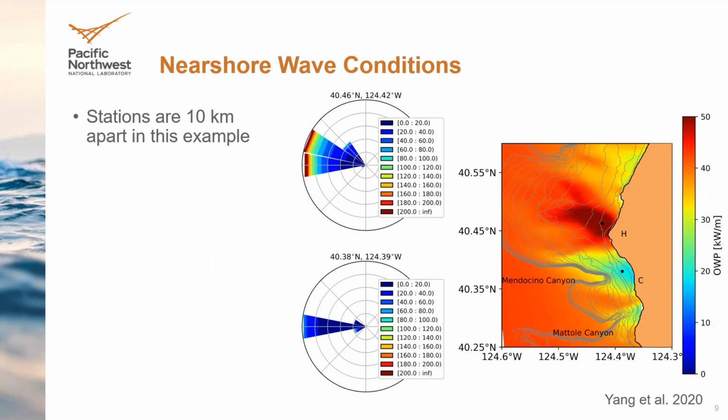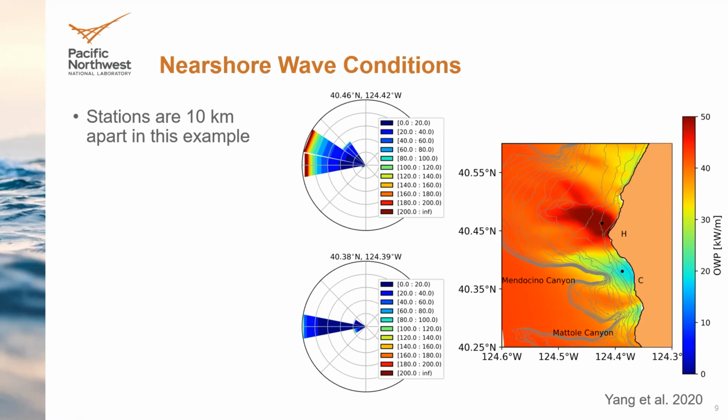Now, these models we are putting together at PNNL and NREL are high resolution models focused on the coast. And you might ask yourself why, and the reason is you can have very significant differences in wave climate between points that are 10 kilometers apart. Here's an example that I just picked, offshore of California, where you have a hotspot where a lot of waves concentrate, here in red, and then in the cooler colors, you have the opposite.